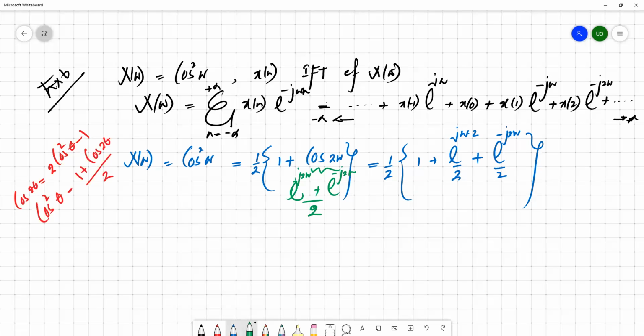Then you can rearrange the terms and see: here the minus factors are on the right-hand side and the plus factors are on the left-hand side. So you can put it like this.